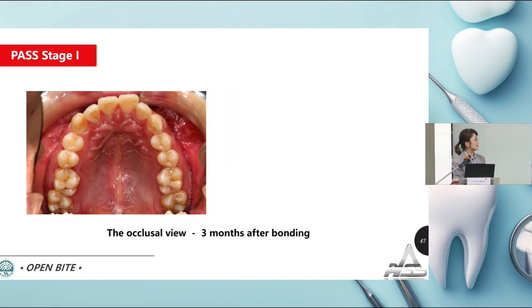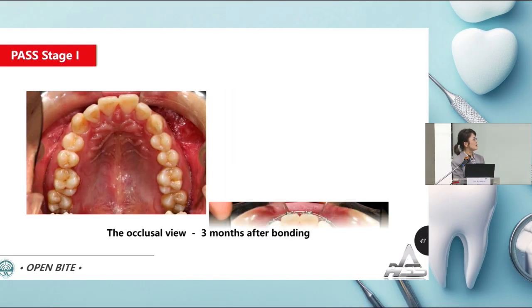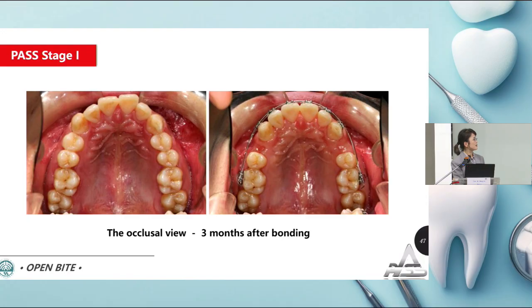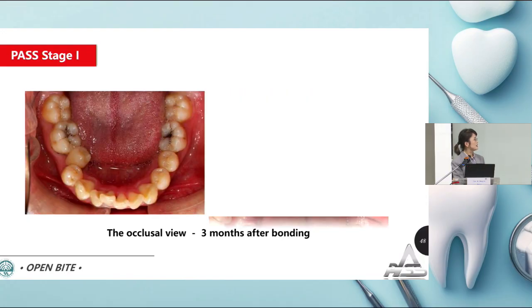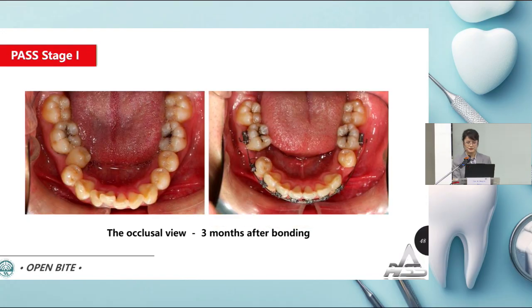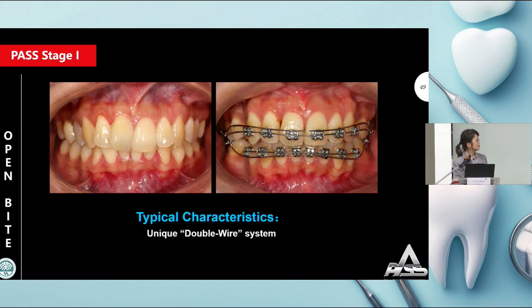You can see the left side, 3 months after bonding, we use a piggyback arch here. In this open bite stage, the unique double wing system becomes the typical characteristic of the PASS system. If we need a piggyback arch, then there's a double wire view.